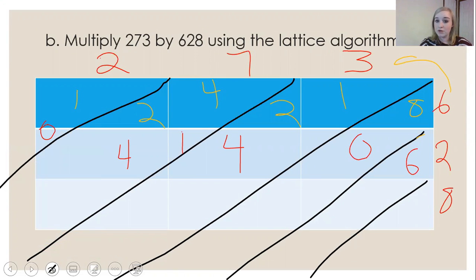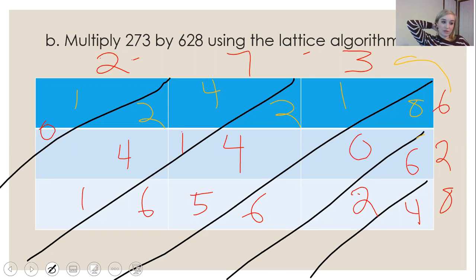In the 8 row, we're going to do each number up here times 8. So 8 times 3 is 24. 8 times 7 is 56. And then 8 times 2 is 16. So again, we're going to do just what we did before, and we're going to add the rows together.